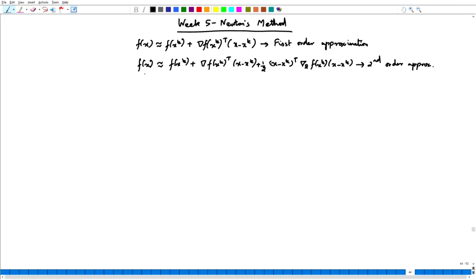Okay. So, how do we go about constructing Newton's method using second order approximation? Let us assume that f of x is equal to the second order approximation that I have written down here. Okay. Now, at the minimum, let x star be the minimizer.